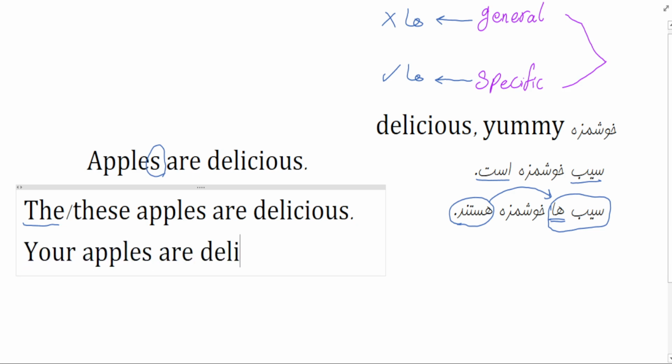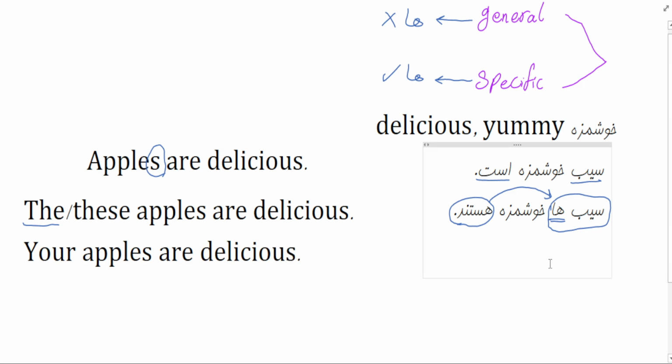This possessive pronoun is basically another way of specification. So again, سیب‌های تو خوشمزه هستند.